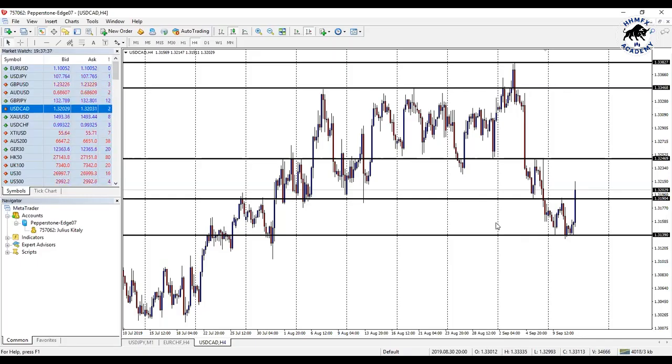Because the market keeps on showing a certain behavior after reaching these levels, at this area. These are the respected areas by the market, if I can say. These are the respected areas because we expect the market to do something when they arrive at this area or when they cross that area.